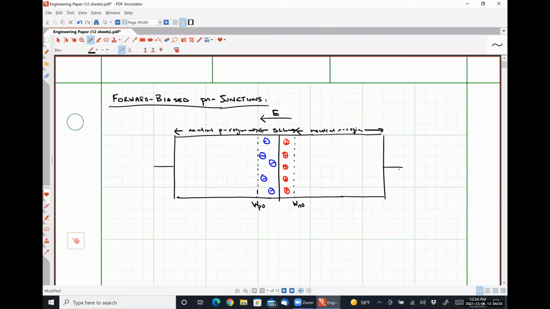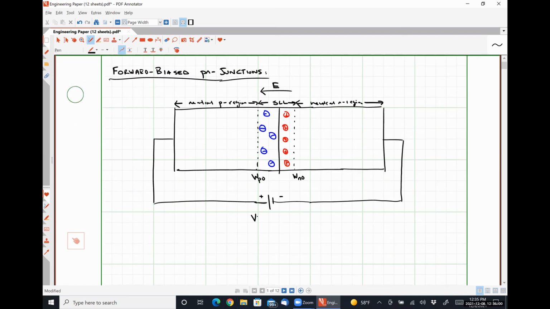So what I'm going to do is apply a voltage drop across the junction, and I'm going to work all of the problems under this assumption. This is the positive polarity terminal of our battery, and this is the negative polarity terminal. And then I'm going to say that we have some voltage here, V bias.